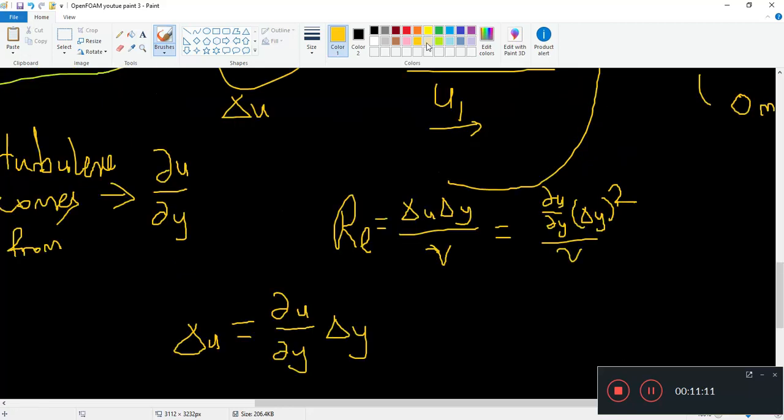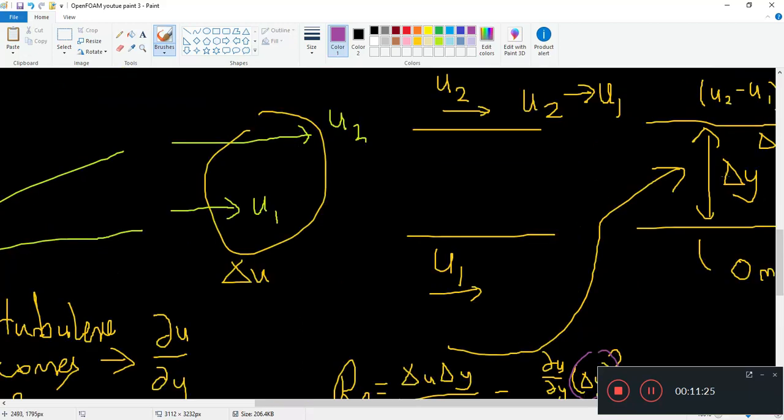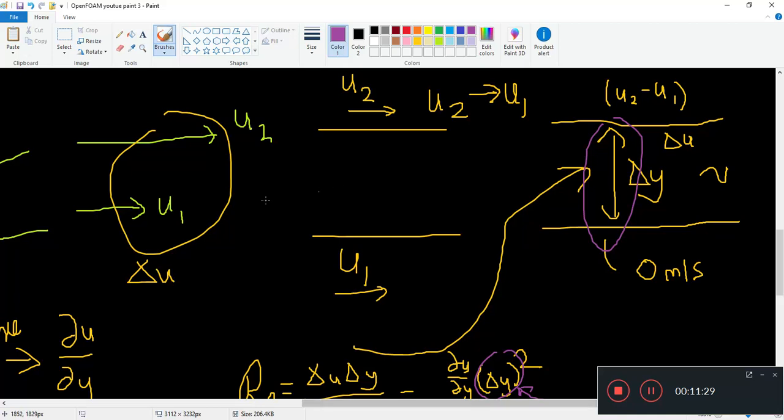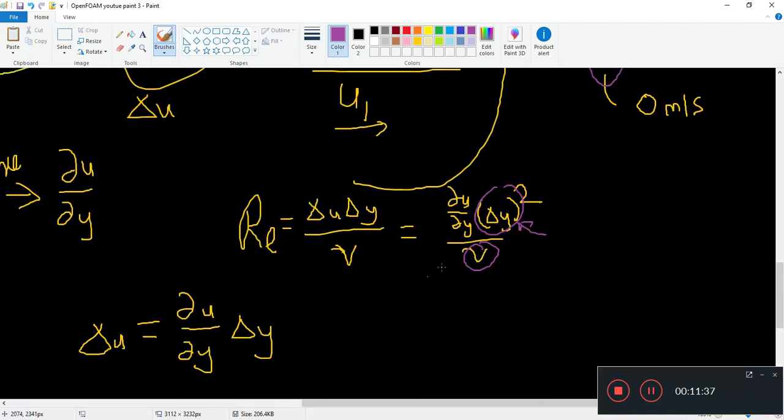Given that this is fixed for a given fluid, and you fix your length scale of reference because you want to compare between two layers of fluid, and the distance between the two layers you fix here, these two are fixed.